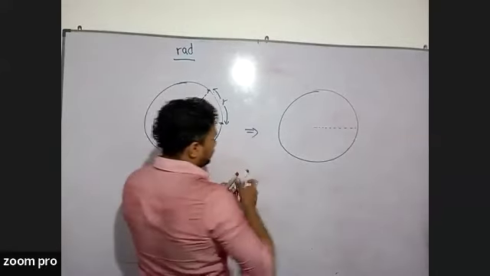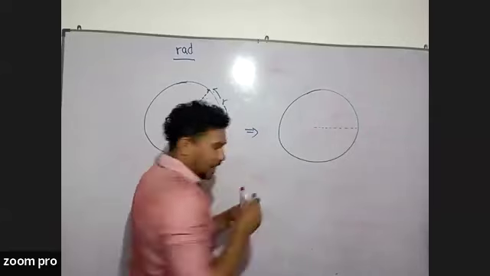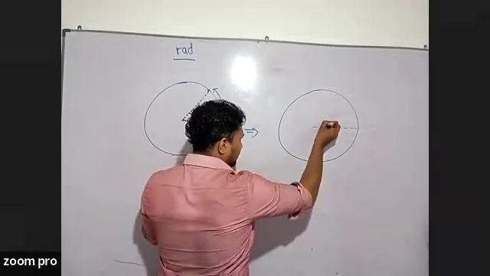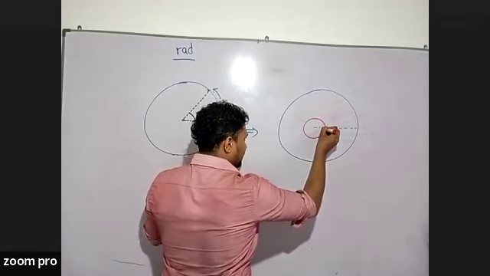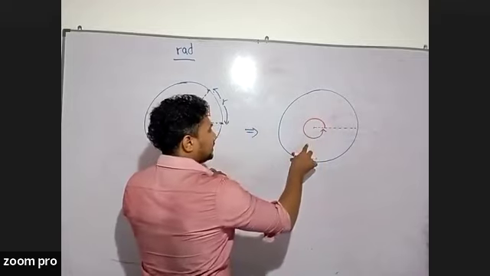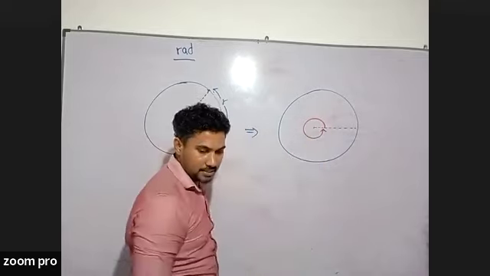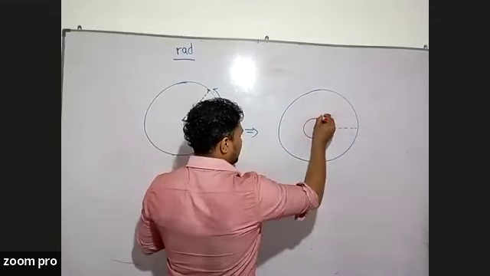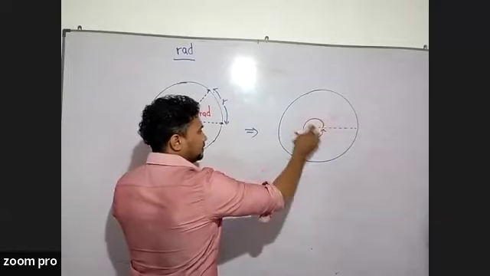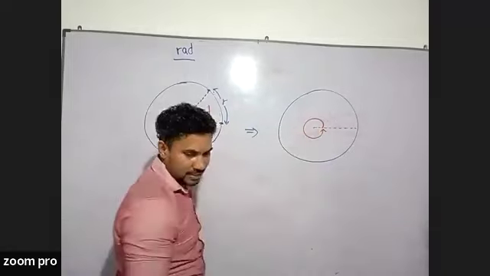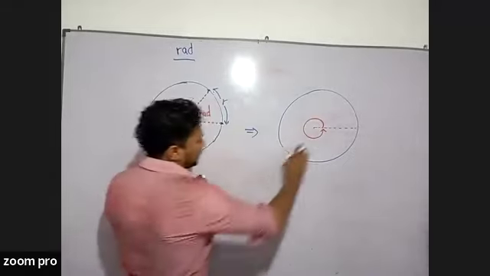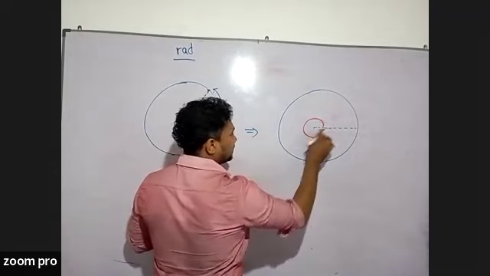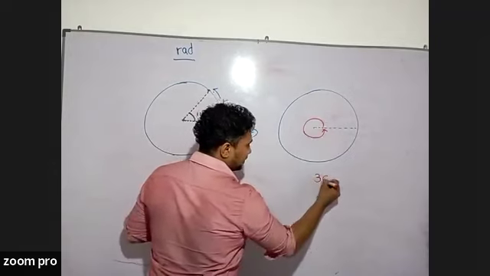Right. So we have obtained that. Now I want to obtain the total angle which is subtended around the center in radians. If I simplify this topic, what is the total angle subtended around the center in degrees?